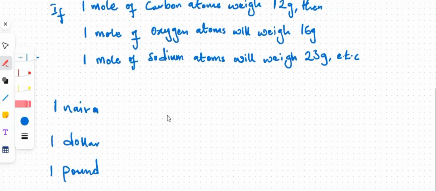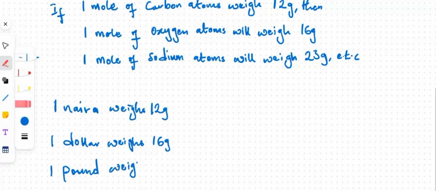Naira, obviously. So let's say naira is our carbon. Let's say naira weighs 12 grams, for instance, and let's say the dollar weighs 16 grams. If you weigh them and the dollar weighs more, the dollar has more value. Let's say the pound weighs 23 grams.